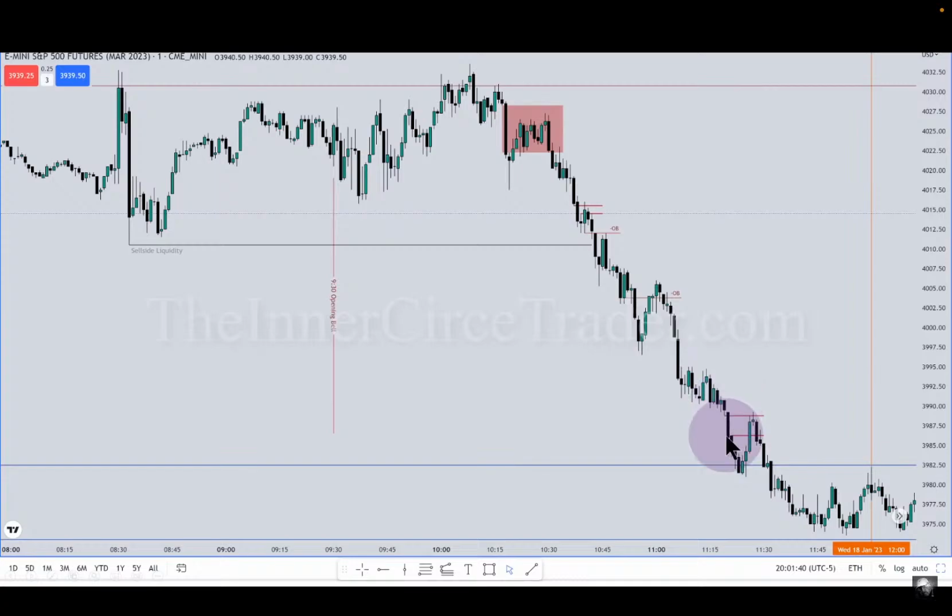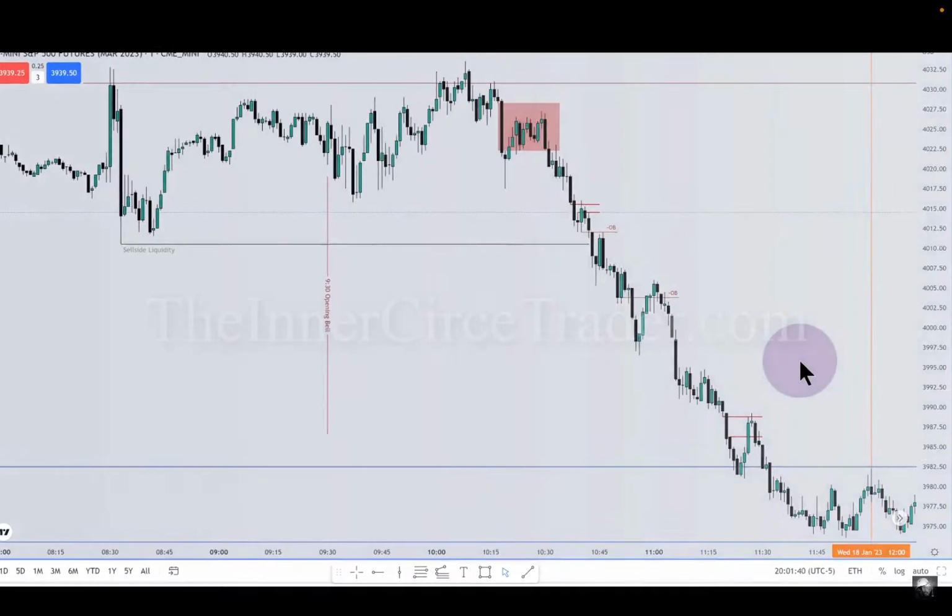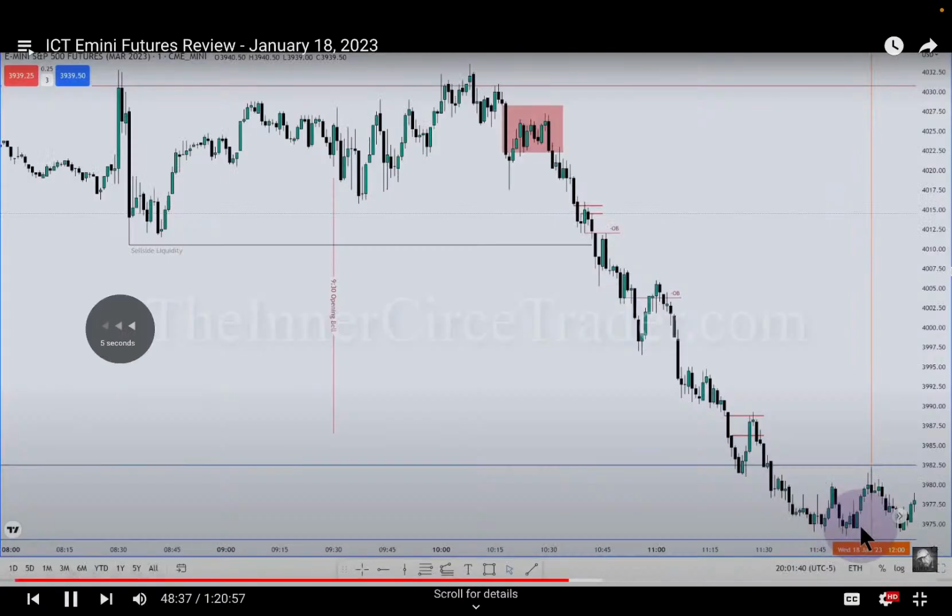So it breaks lower, sell side imbalance, buy side inefficiency, which is a fair value gap, but the classification is SIBI. Runs up, reprices to it here, leaves it again, balanced price range there. It's not going to go back up into it again. Smash, and drifts into the lunch hour starting. He just said that it's a balanced price range because there's this bullish fair value gap here, and then a new bearish one was formed right here.